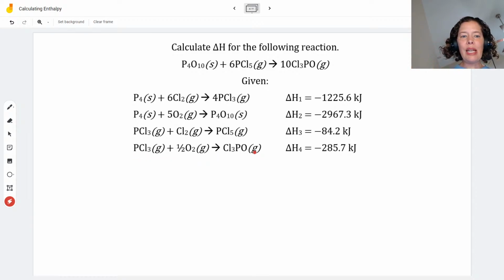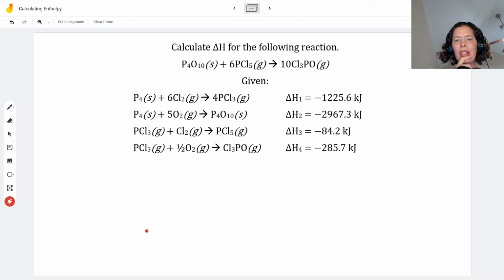What else I'm seeing is I have PCl3 in 3 different places. My oxygen's only in 2, chlorine's only in 2, phosphorus is only in 2 different reactions, but I'm going to have these 3 here that I'm going to have to keep in mind. That's also what is going to make this problem a little bit trickier.